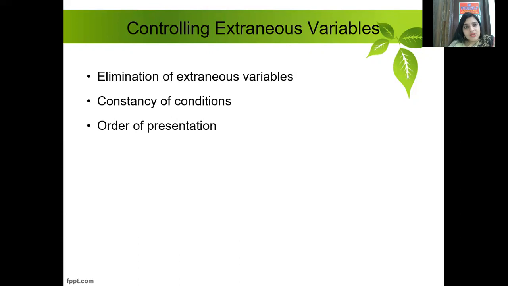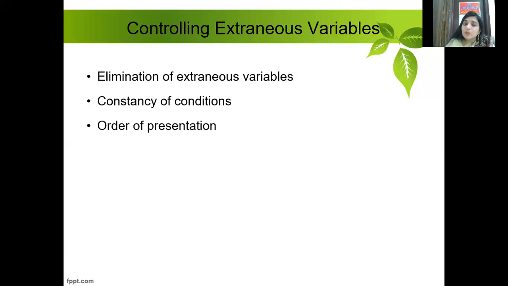Order of presentation. How are you presenting the things? That is also important. For example, sometimes we will be studying sales first, and then we will be studying the advertisement expenditure, right? And there are some other variables which are equally affecting the sales. For example, advertisement has one more variable, which is called promotion.